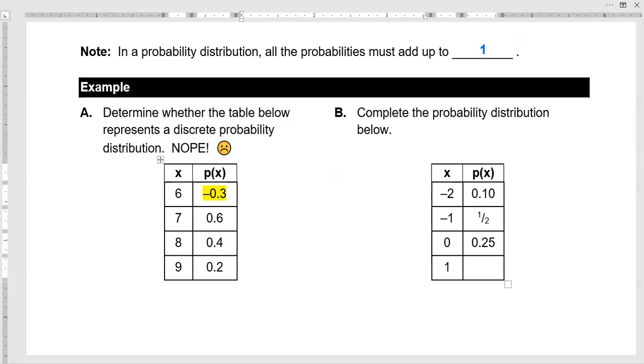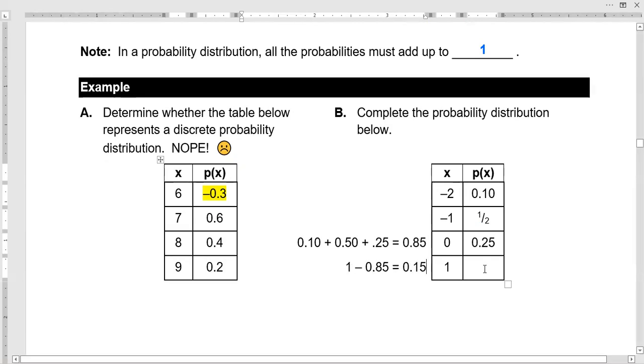So I'm going to do 0.50 plus 0.10 plus 0.25, and that gives me 0.85. And then I can subtract that from 1. So 1 minus 0.85 is going to give us 0.15. So the probability here of 1 is 0.15.